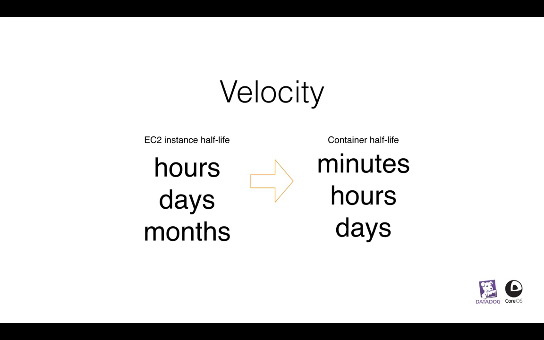It's so easy to spin these things up and then destroy them that the system can automatically take over instantiating dozens of these containers. And so as the need builds, the containers multiply, but then they go away just as easily. So you might have measured lifetimes of instances in months or longer, but nowadays you can measure the life of a container in maybe minutes or maybe even less.